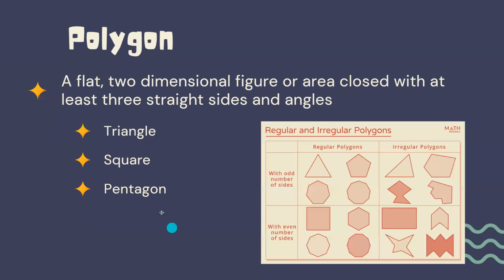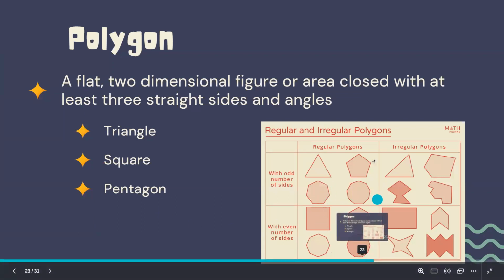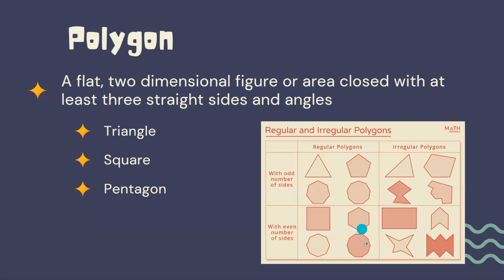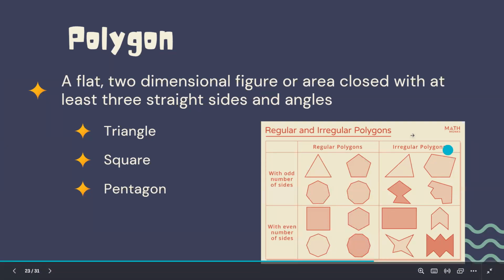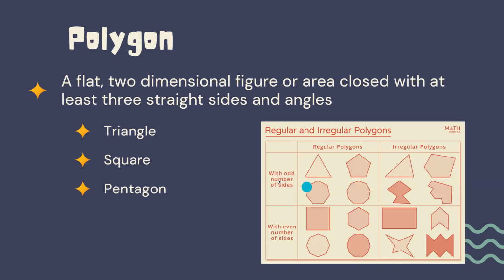Triangles, squares, pentagons, and they keep going up. We have regular polygons, which refer to those math shapes, and then irregular polygons. The thing to take away here is that they have straight sides, no rounded edges, so they're made up of lines.